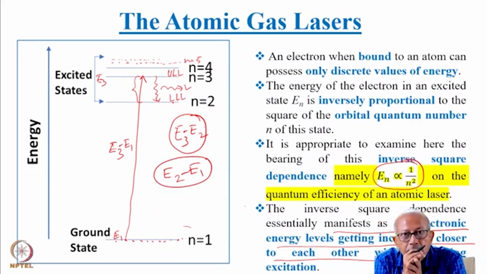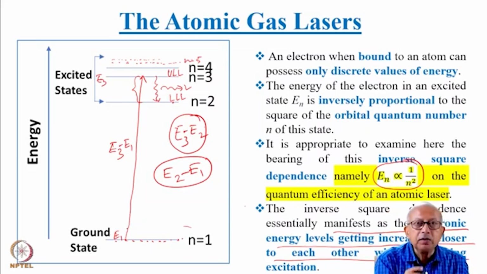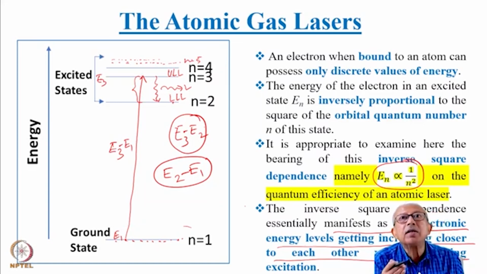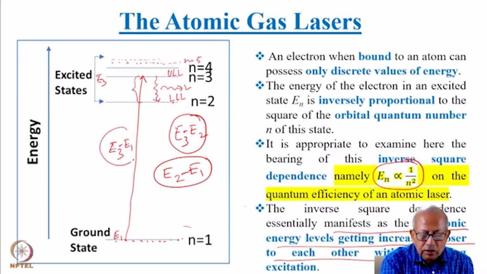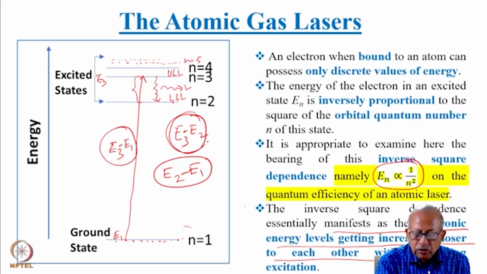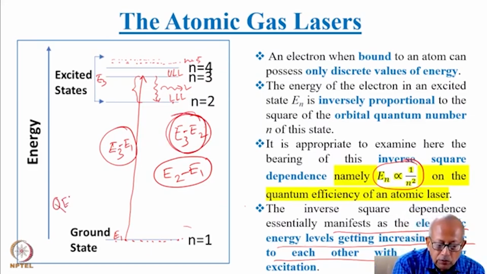Now, quantum efficiency is defined as the fraction of the excitation energy that is emitted as a photon. So you see, the excitation energy is this much, and of it this much energy is emitted as a photon. So the quantum efficiency will be E3 minus E2 divided by E3 minus E1.